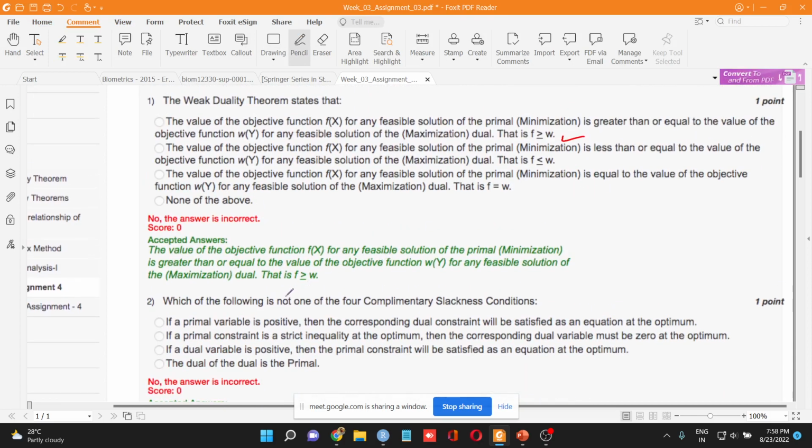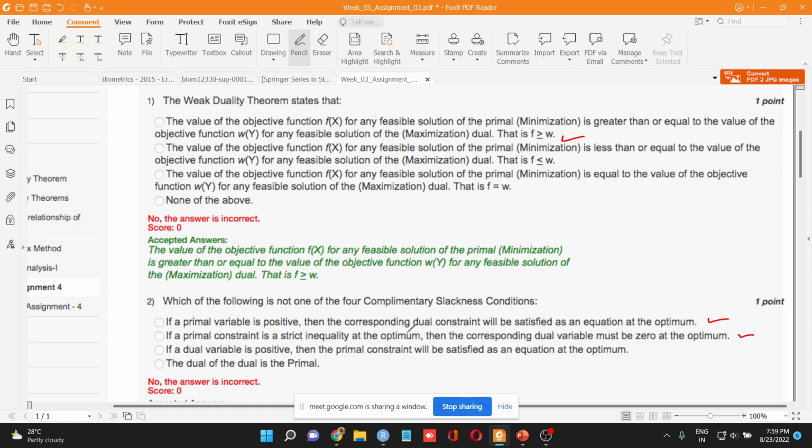So coming to the next question, which of the following is not one of the four complementary slackness conditions? I'll just quickly respond. What are the four complementary slackness conditions? I know there are four. If a primal variable in the optimal solution is positive, then the corresponding dual constraint will be an equality. That is correct, and this is also correct.